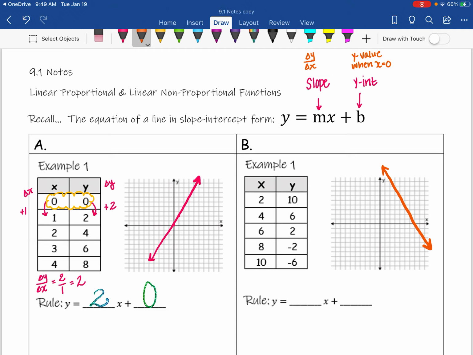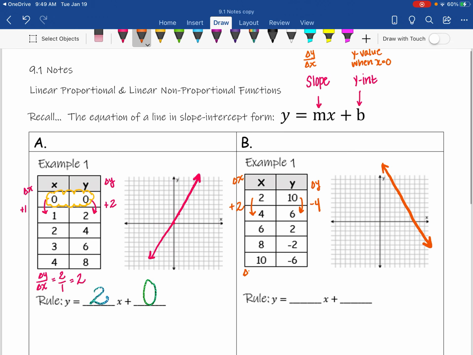Okay, all right, so I've got my line drawn. Now I'm going to go through the table, find my change in y. 10 minus 4 is 6. Make sure that you're also checking your change in x, because it's not always 1. In this case, it's 2. And then we're going to divide. Negative 4 over 2 gives us a slope of negative 2.